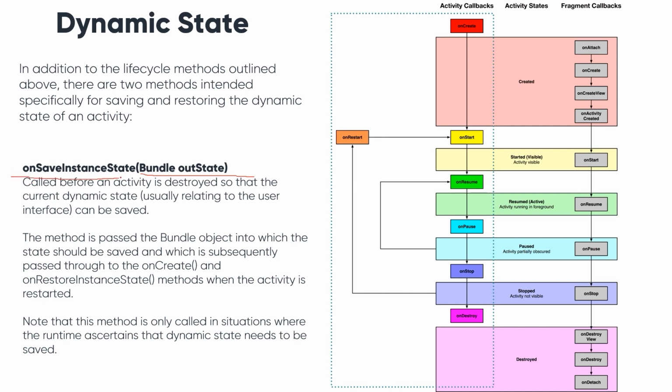This is subsequently passed through to the onCreate method and the onRestoreInstanceState methods when the activity is restarted. Note that this method is only called in situations where the runtime ascertains that dynamic state needs to be saved.